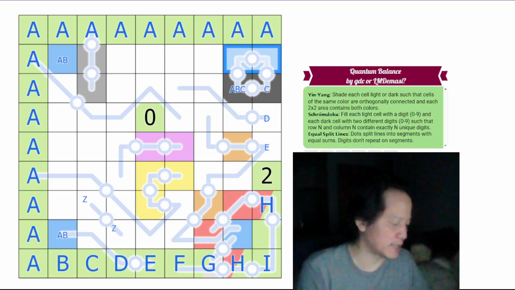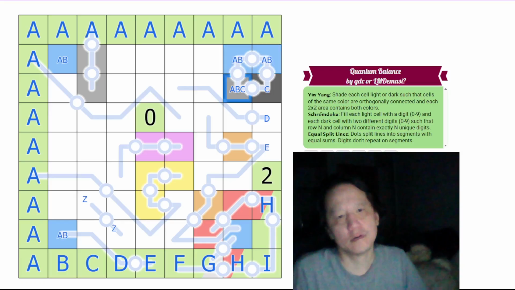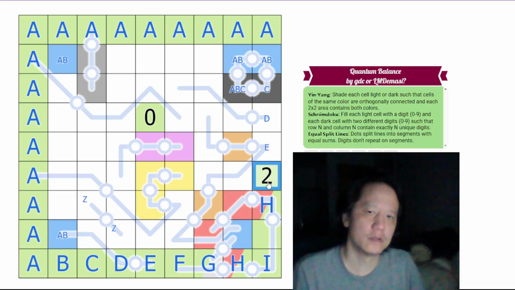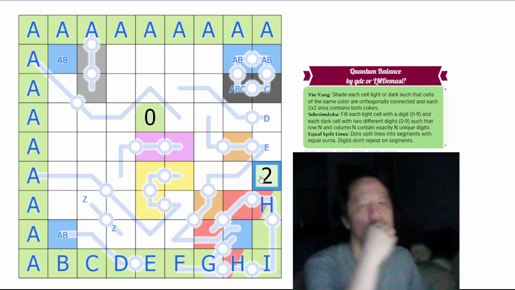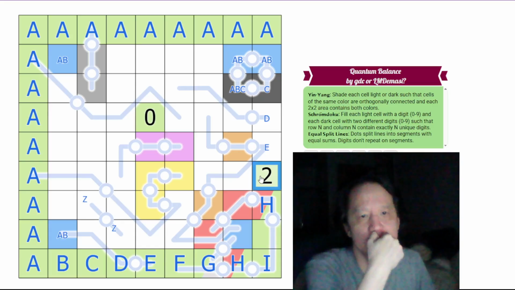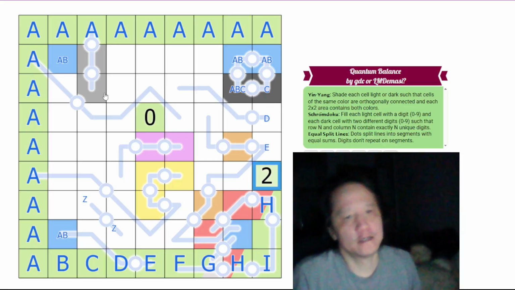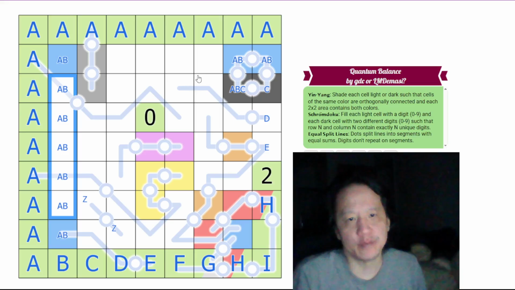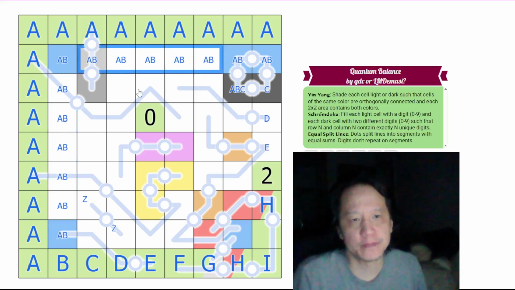So then this would have to be AB. It would have to add up to C somewhere. I guess this could be AB here. So these are AB possibilities here.